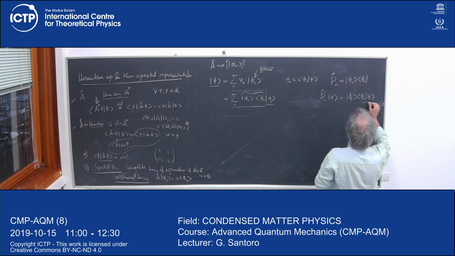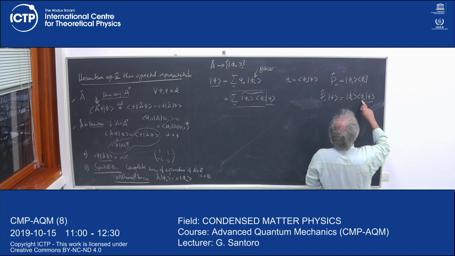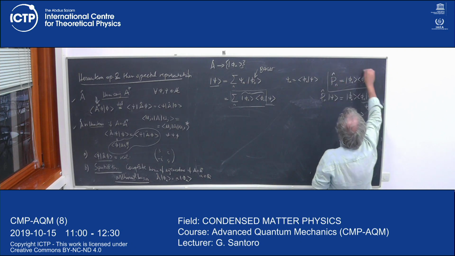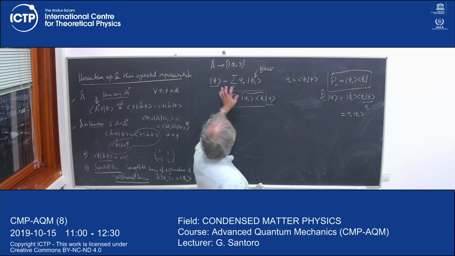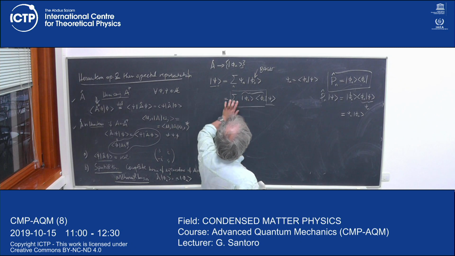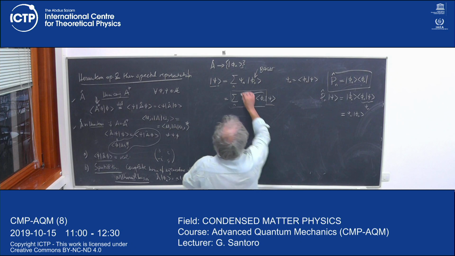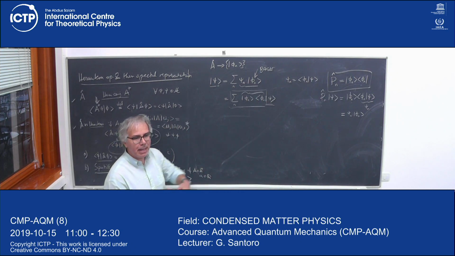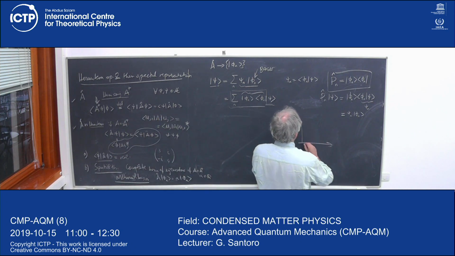And this is the component psi n of psi on the basis element, psi n phi n. Okay? So what this operator is doing is projecting the full vector psi into one element only. I am just projecting on the n element. Pretty much as you do if you have the basis on the plane.